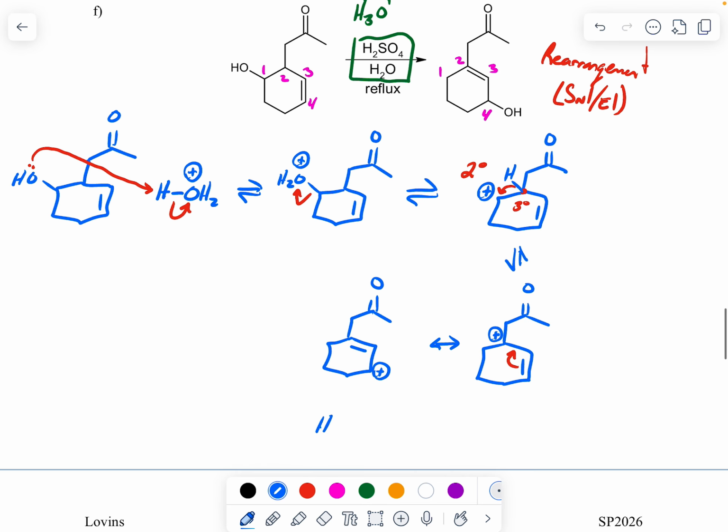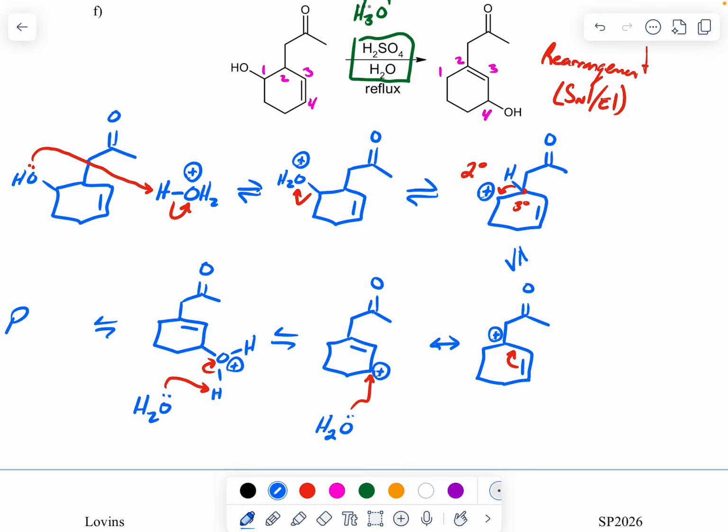So in this situation, the H2O can act as the nucleophile to add into that position. This, of course, gives us what looks like our final product, but it has an extra proton. So another molecule of water is going to need to come in, grab that proton, deprotonate that to give us our product.